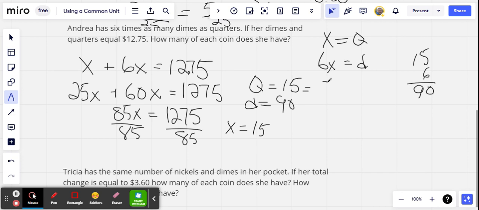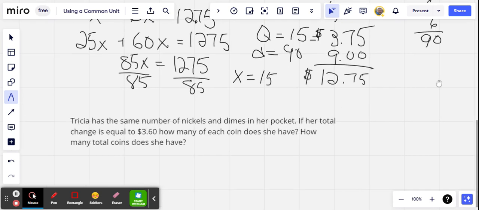That would be 12, and then there's going to be 3 left. So $3.75 in quarters. And then 90 dimes is $9. And that gives us $12.75. So that's correct. So 15 quarters, 90 dimes.